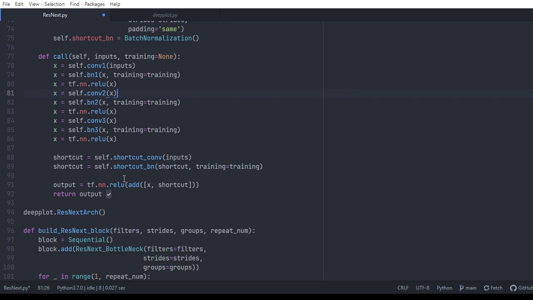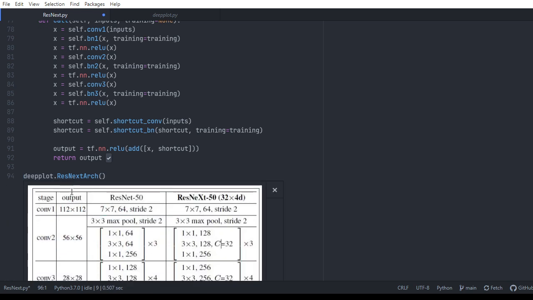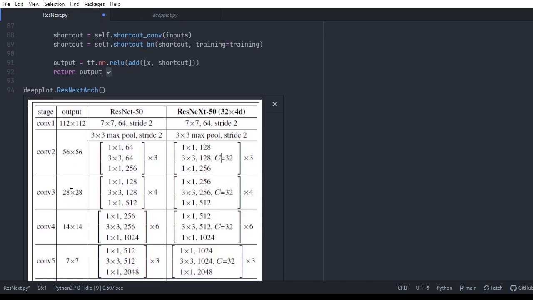So this is how we implement it. And then now we want to implement the ResNext architecture, considering that we've now dealt with the residual block of the ResNext, which was the main concern as of now.